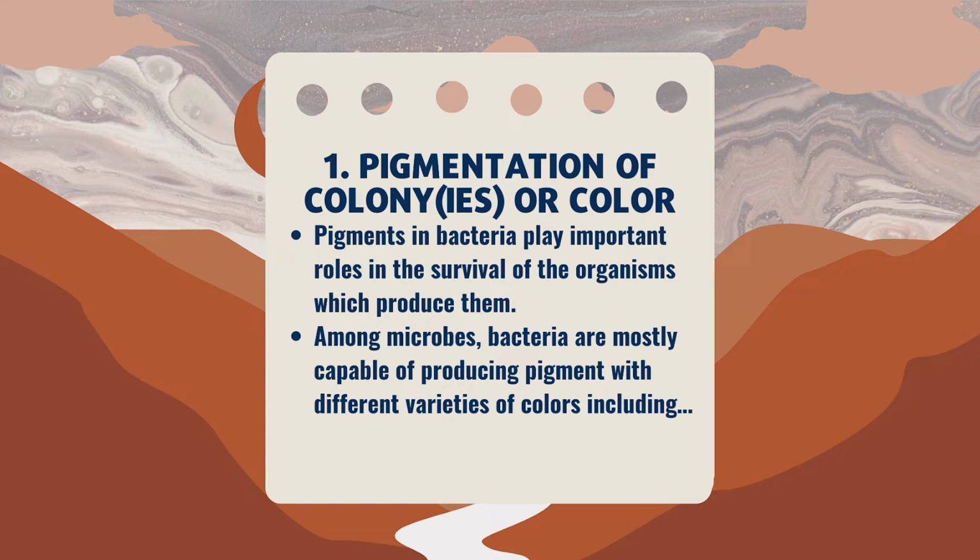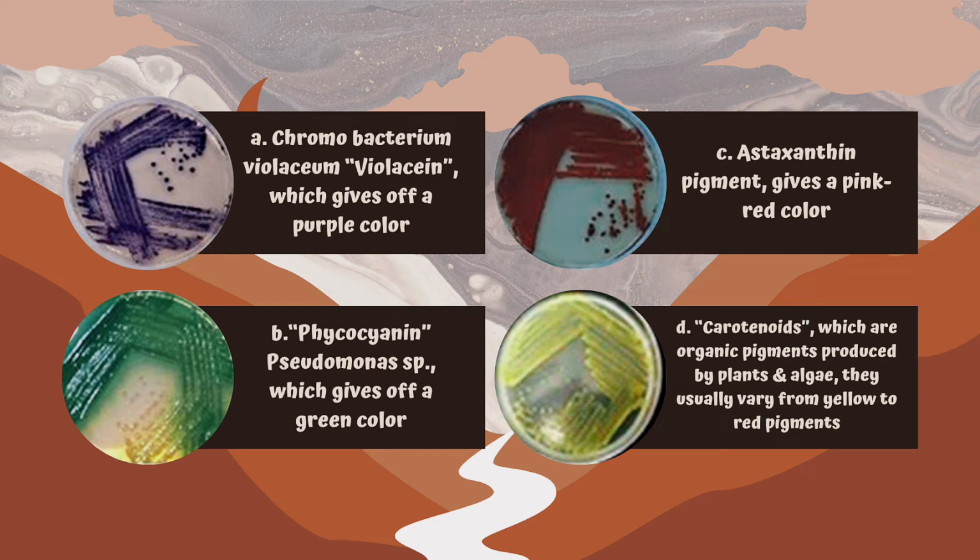Among microbes, bacteria are mostly capable of producing pigments with different varieties of colors, including Chromobacterium violaceum, which gives off a purple color, pyocyanin, which gives off a green color, astaxanthin gives a pink-red color, and the carotenoids, which are organic pigments produced by plants and algae, and they usually vary from yellow to red pigments.